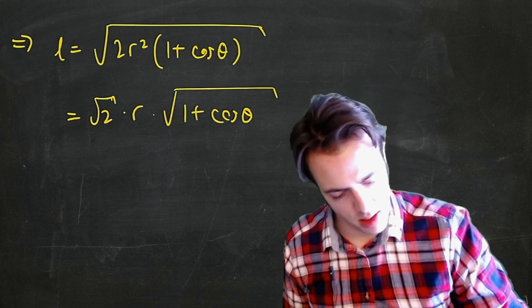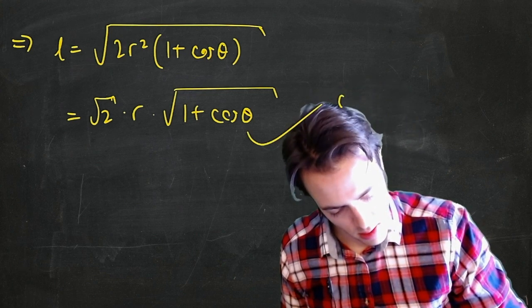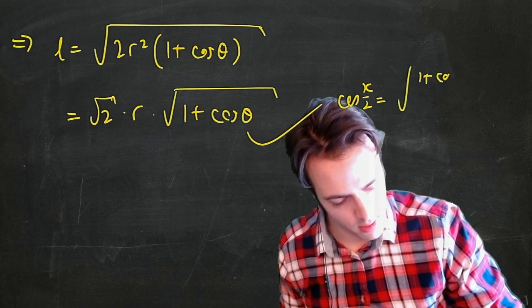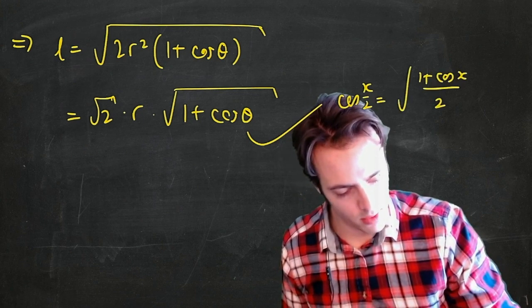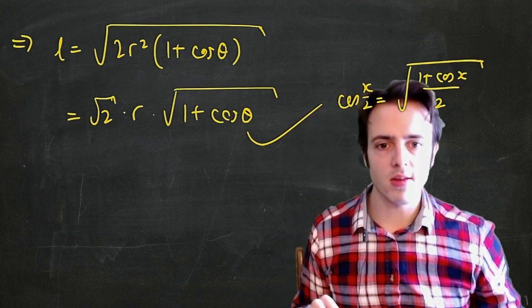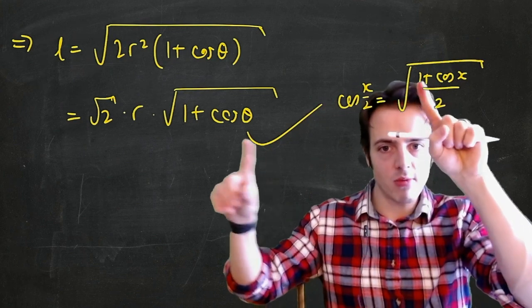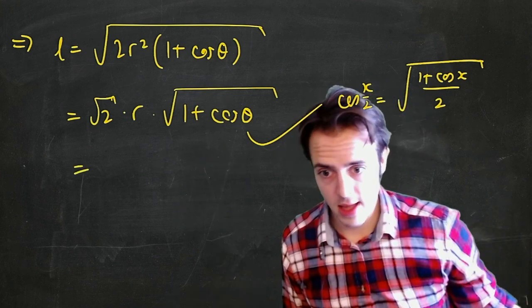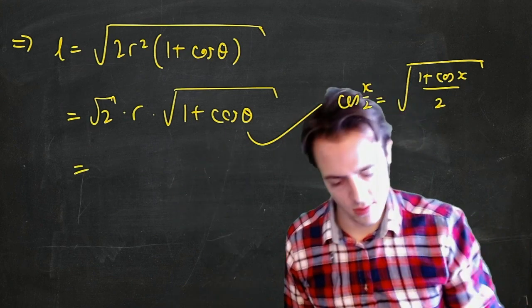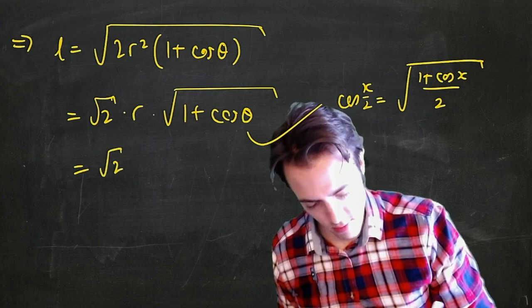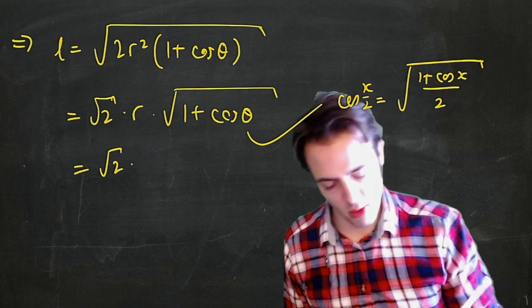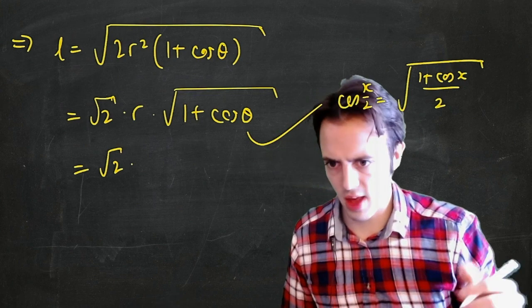So that is cos x on 2 is equal to the square root of (1 plus cos x) on 2. Okay, which is almost what we've got here, but we need to divide the whole thing by 2. So I can just make this into root 2 multiplied by, it's going to be 2 over root 2, which is actually just the same as root 2.